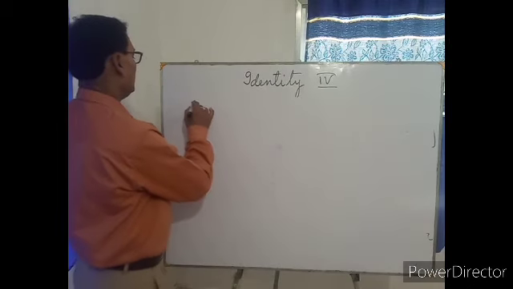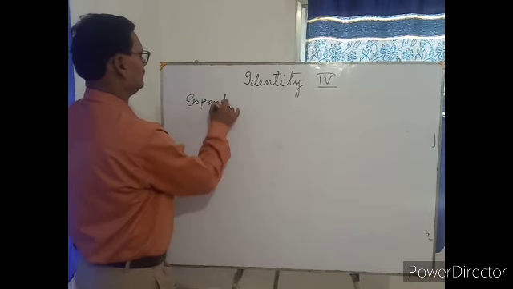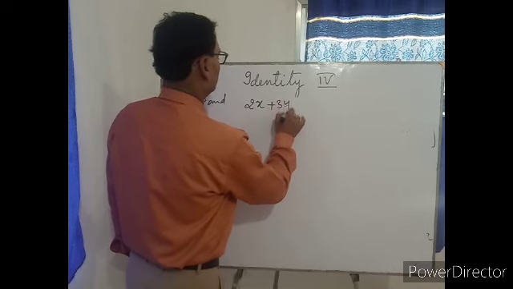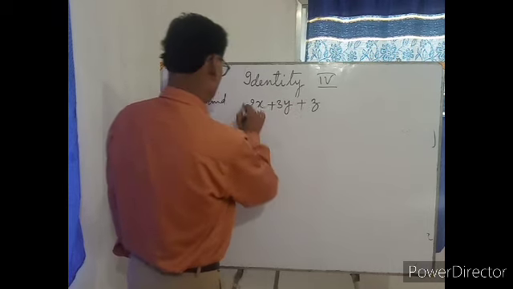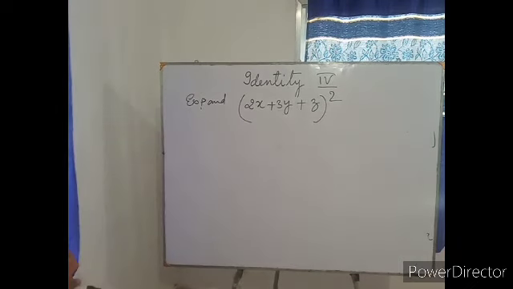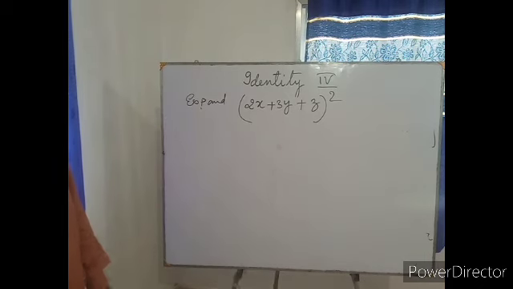Let us expand (2x plus 3y plus z) whole square. See here, it's very simple. It has to be expanded, (2x plus 3y plus z) whole square.